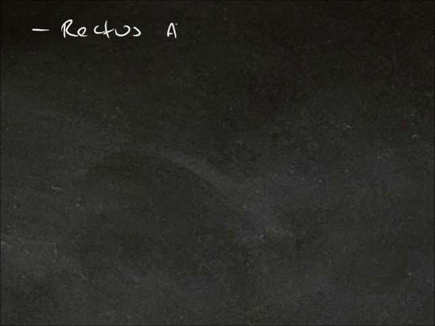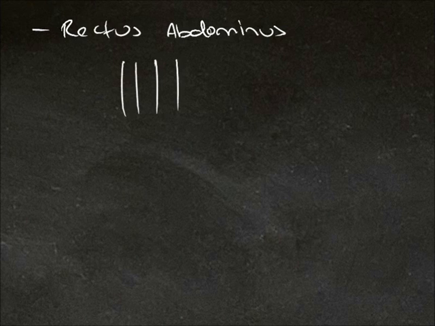Rectus abdominis. Fibers are running vertically, and there are tendinous intersections.